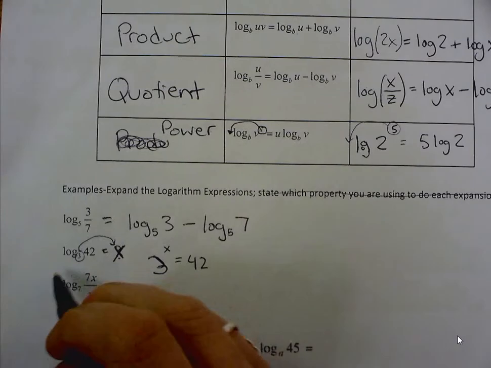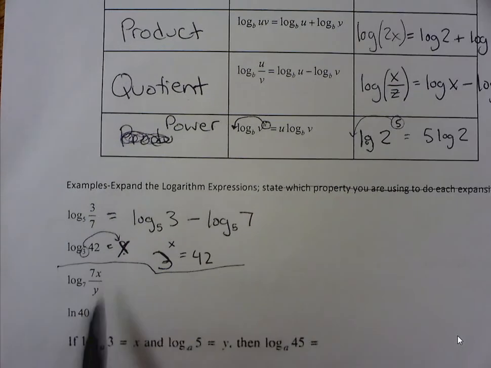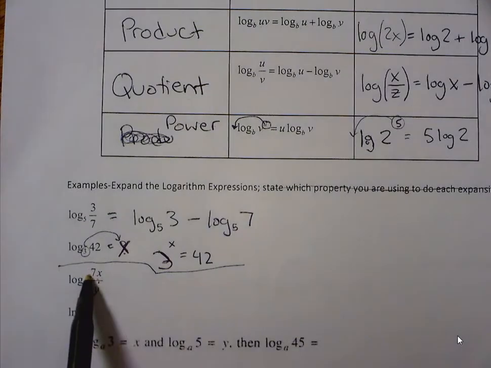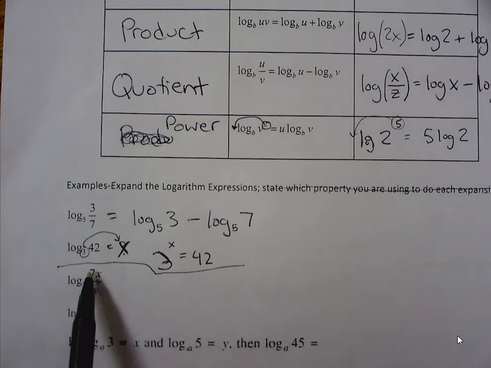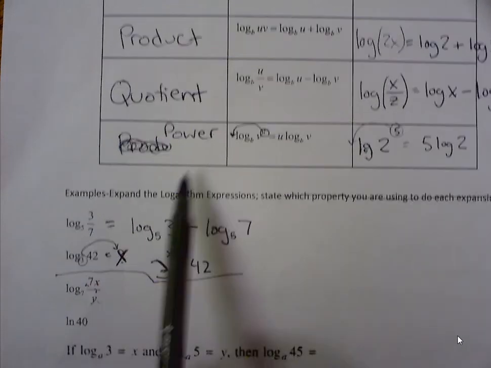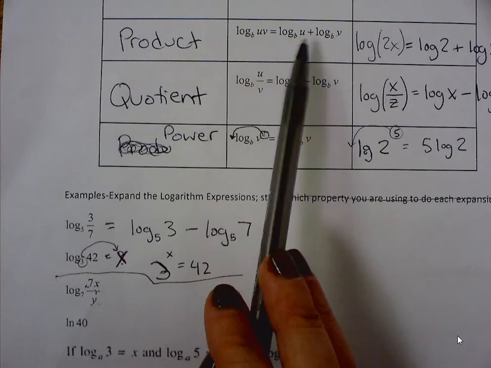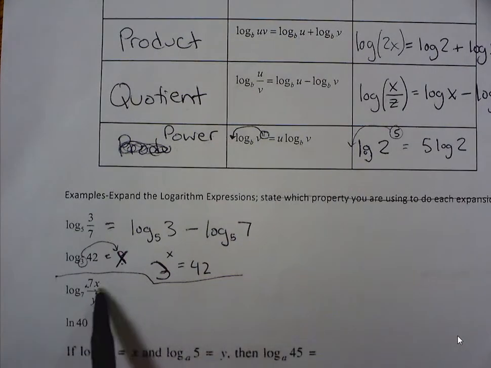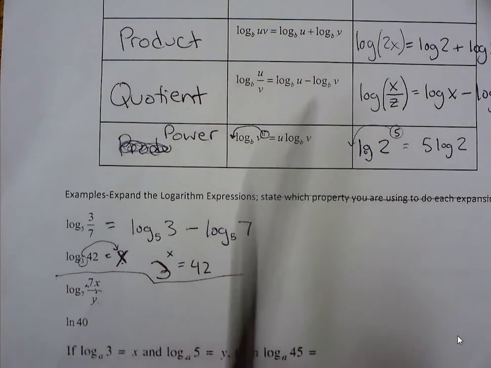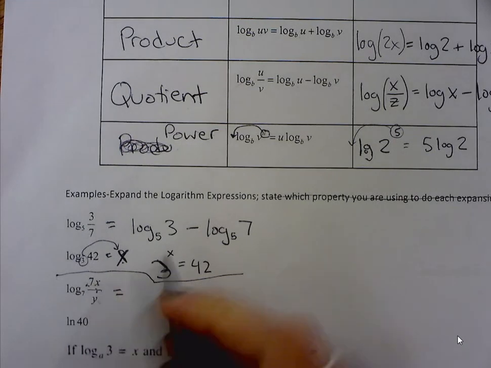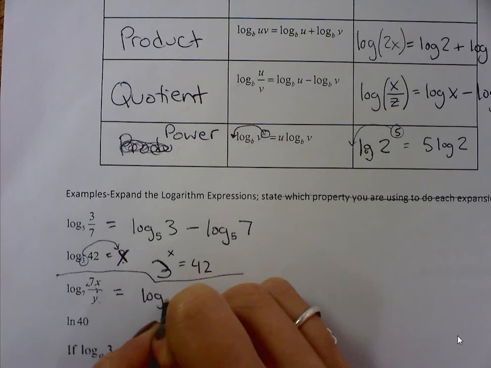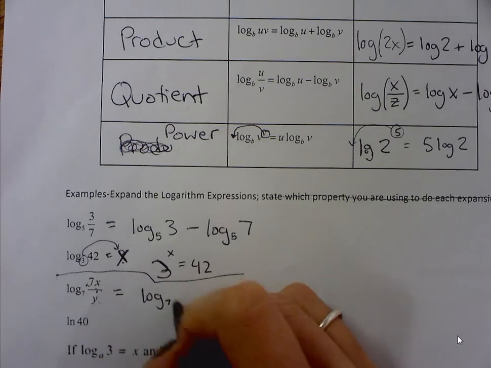Now, notice that I'm multiplying the 7 times the x here, and then I'm dividing by y. Whenever we multiply, that's the product property, we're adding the logs. Whenever I divide, I'm subtracting the logs. So this one, I'm going to have log base 7 of 7 with the larger 7.